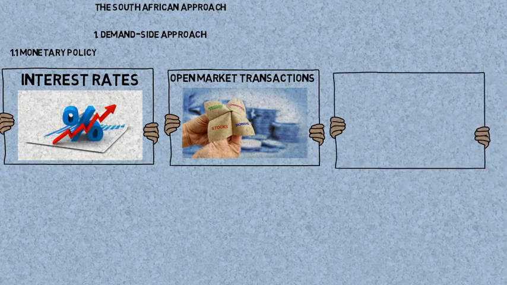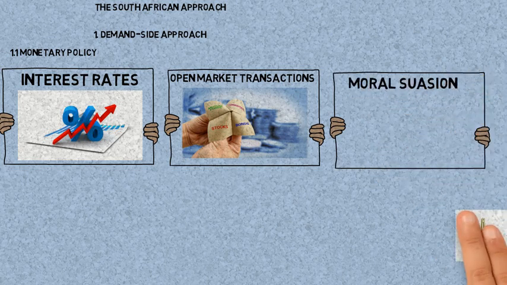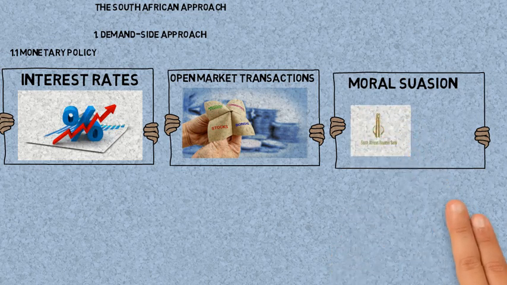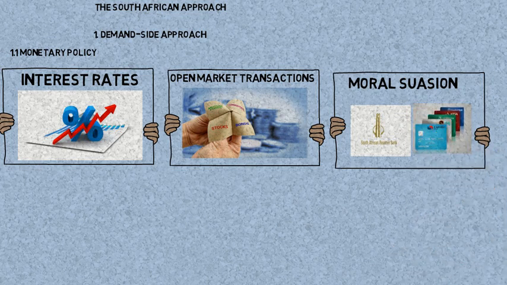The next instrument under monetary policy is moral suasion. This is where the South African Reserve Bank consults with commercial banks in order to act in a responsible manner based on the prevailing economic conditions. If we are facing a recession, it will instruct commercial banks such as Absa, Nedbank and FNB to lower their interest rates so businesses as well as households can take more credit in order to stimulate economic growth.